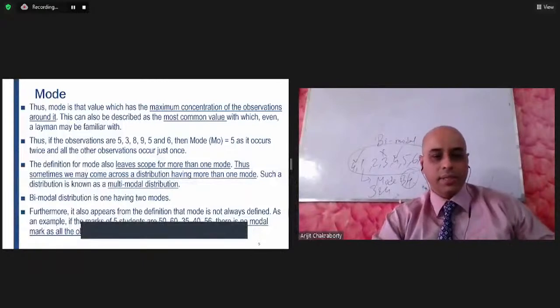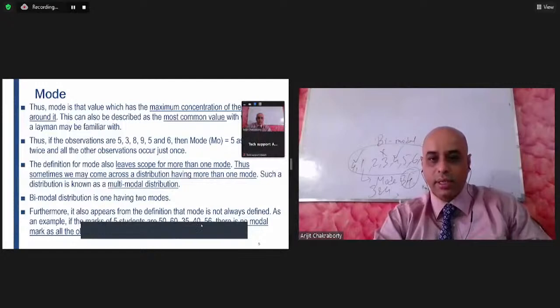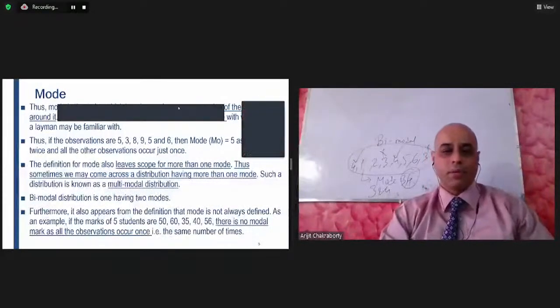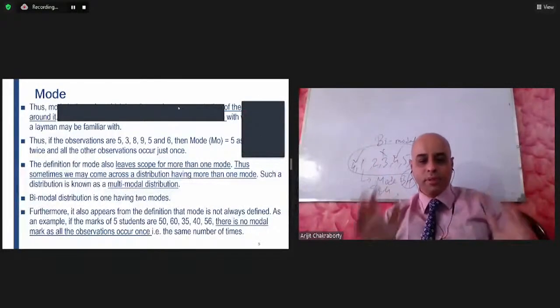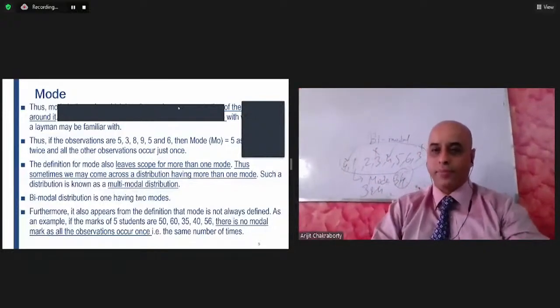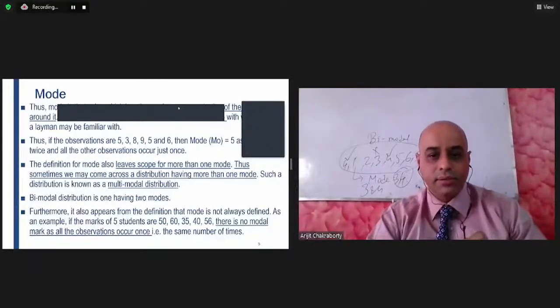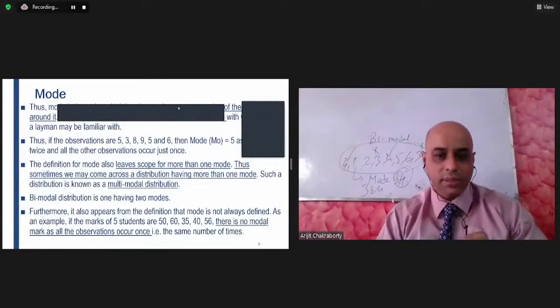Again, if you look at the last paragraph in this slide, you will find what is written. Furthermore, it also appears from the definition that mode is not always defined. That is also true. Now, there are 5 students, 50, 60, 35, 40, 56. There is no mode in this distribution.